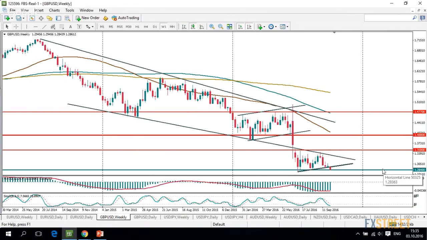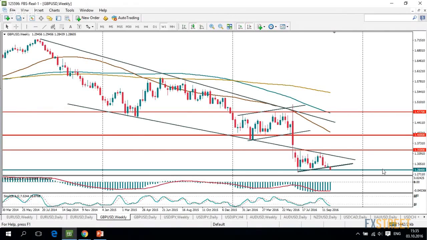One of the main sources of negative pressure on the UK currency is the expectation that Brexit may still hurt the UK economy. The UK Prime Minister confirmed that Brexit will be triggered before the end of March 2017. This is a rather close date.